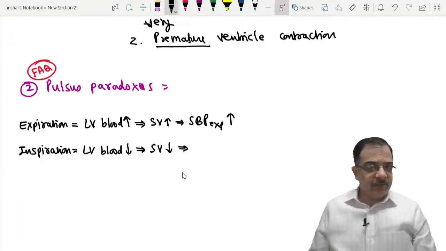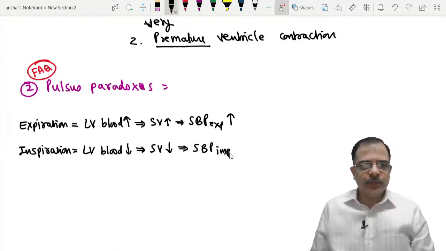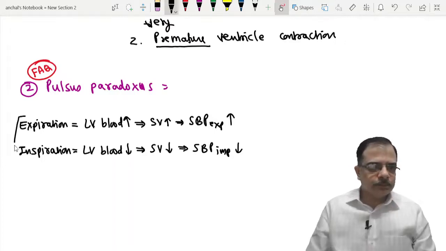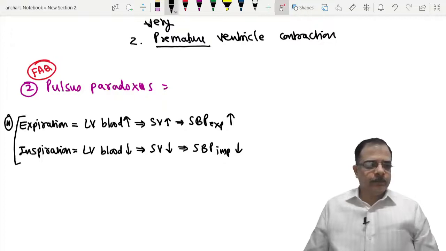All of that we have done in the previous class. In the inspiratory phase, left side blood is reduced. As a result, the systolic BP during inspiration is reduced. This is normal physiology.